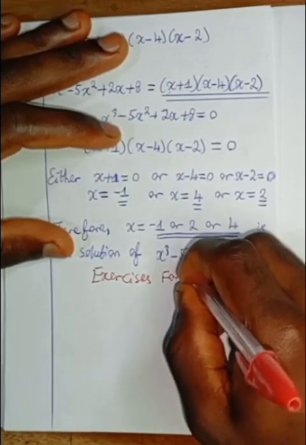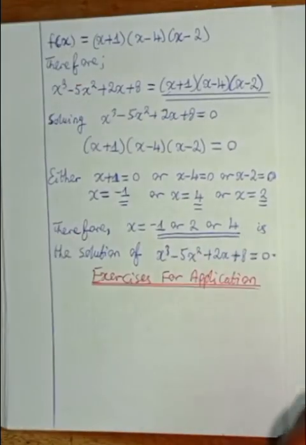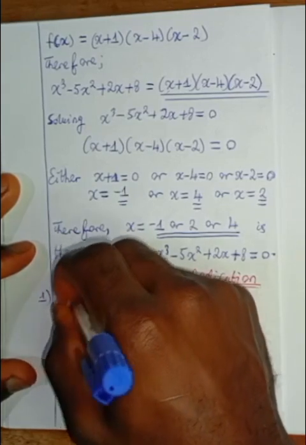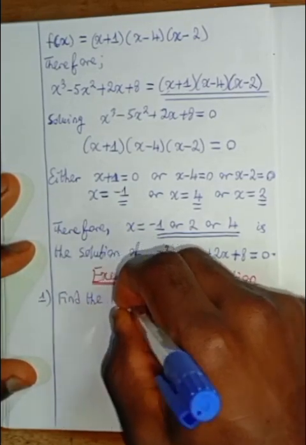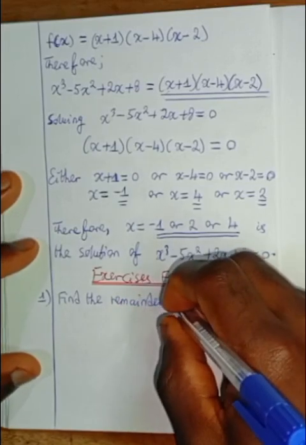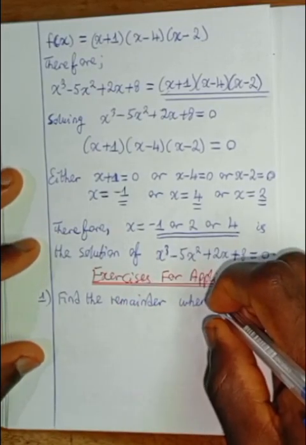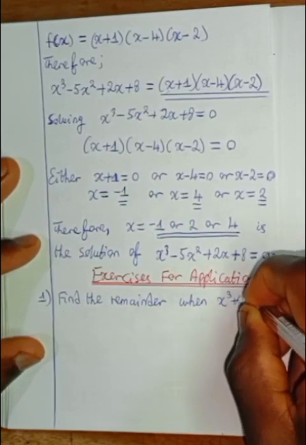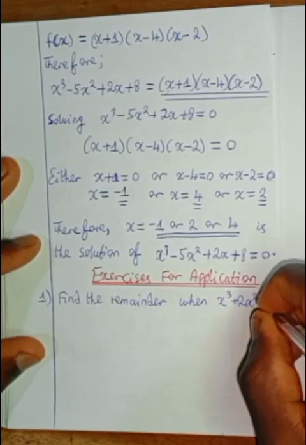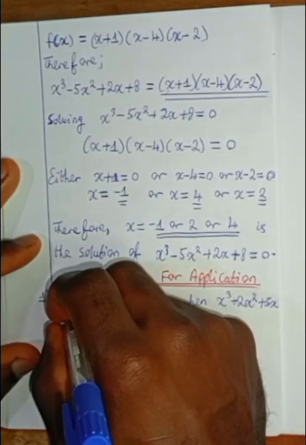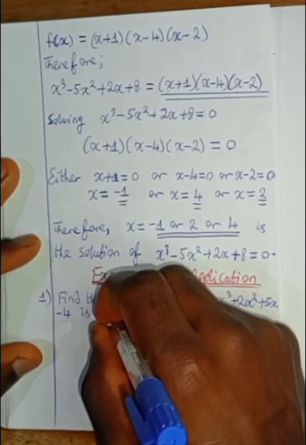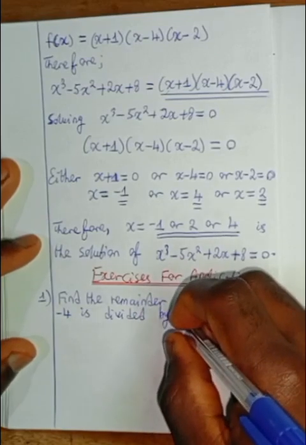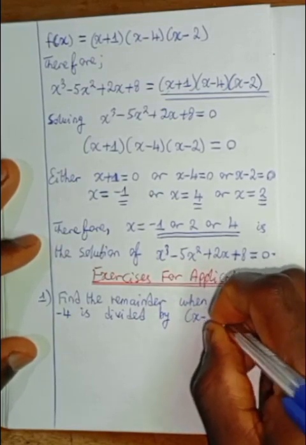Exercises for application. Question 1 goes, find the remainder when x cubed plus 2x squared plus 5x minus 4 is divided by x minus 2.